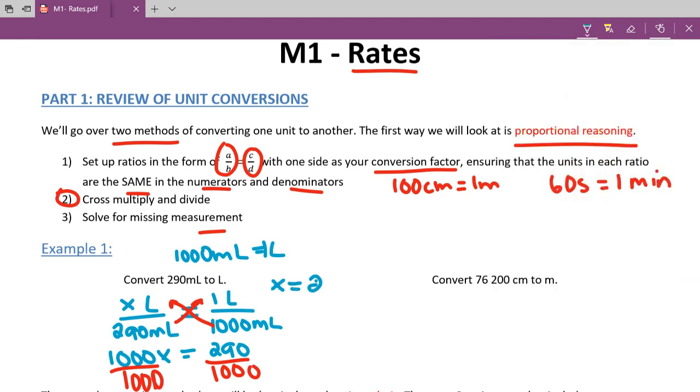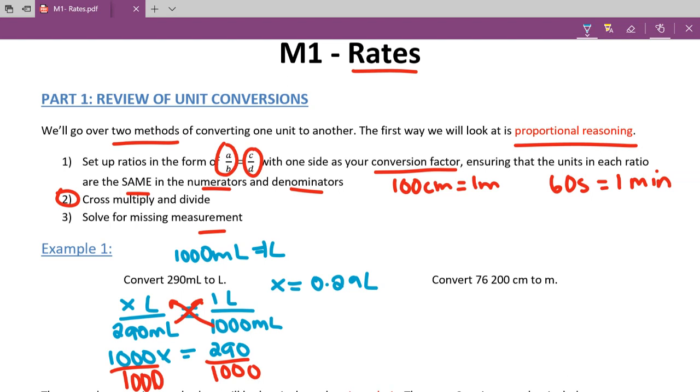I get a value of 0.29. Again, X was in terms of liters, our unknown was in liters, so we're going to put a unit of liters on this. If 1 liter is 1,000 milliliters, this is less than 1,000 milliliters, so it should be less than 1 liter.